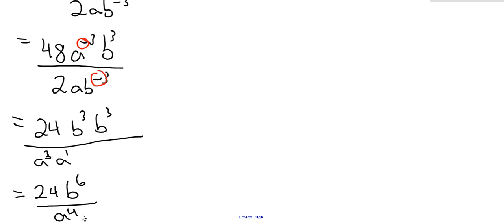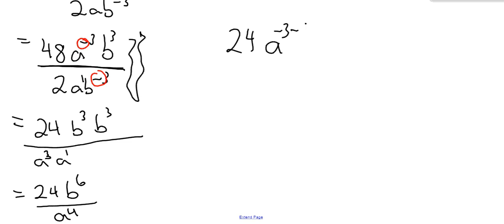Now, it's perfectly fine if at this point you had applied the exponent laws. If you'd applied the exponent law and said, okay, 48 divided by 2, and then a to the negative 3 divided by a to the 1, so I need a to the negative 3 subtract 1.